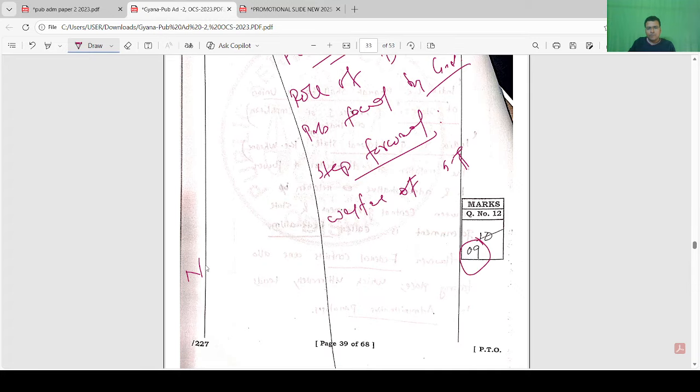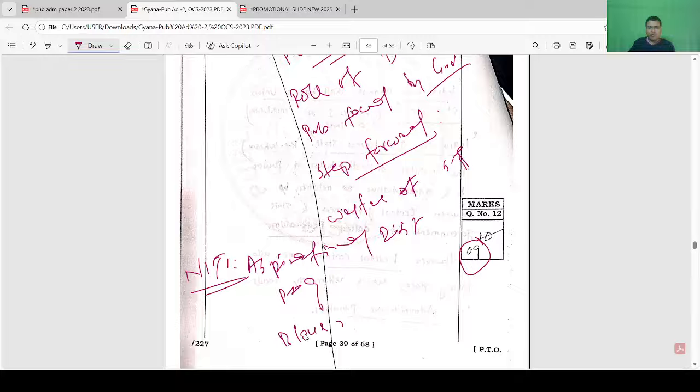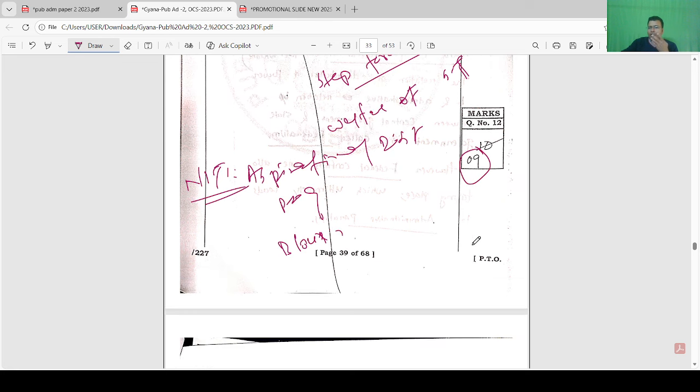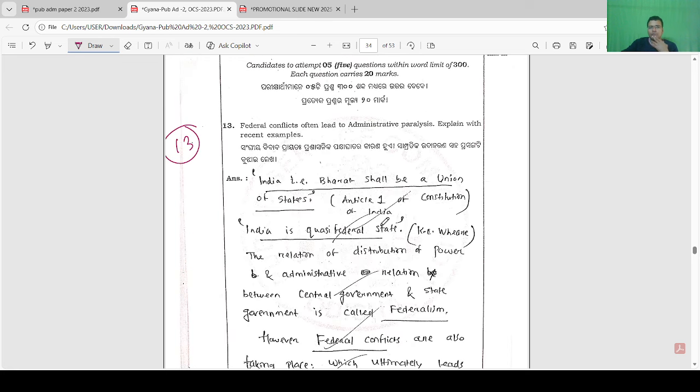Also NITI Aayog, the aspirational district program, the aspirational block program. So the role of NITI Aayog in scheduled area. If he had given these extra points, 11 marks would have come.